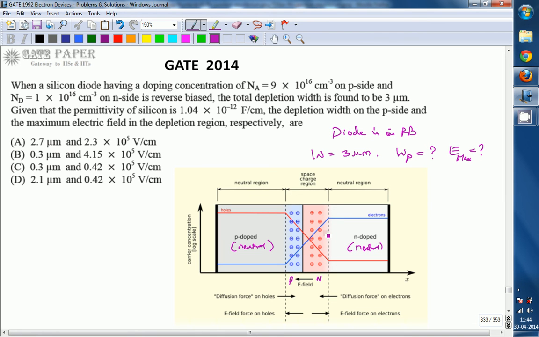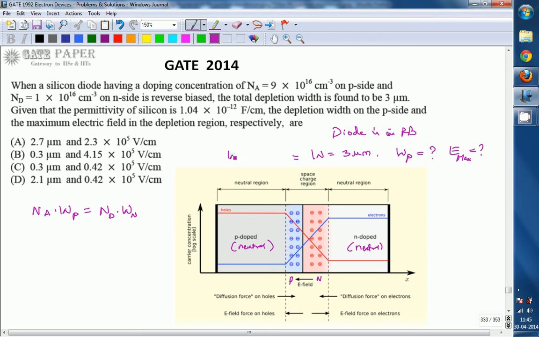Okay, we know that the charge on P side, including this depletion region, is equal to the charge on N side. From that we get one simple equation: Na times Wp is equal to Nd times Wn.